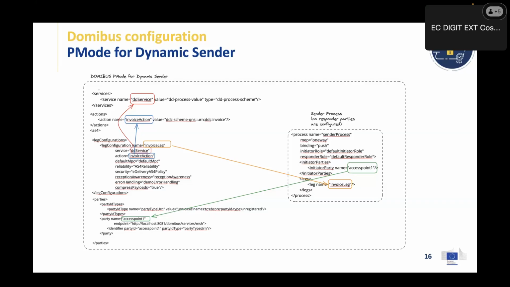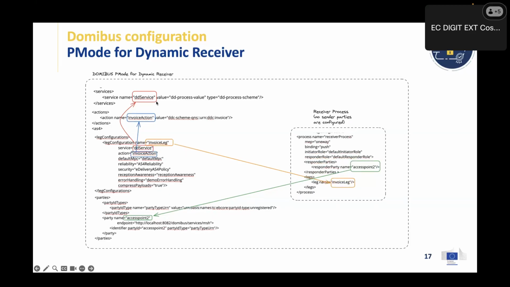As you can see here, I only have the initiator parties. I don't have any responder party. So it means that when you send a message, this process will match, and because there are no responder parties, dynamic discovery will kick in.